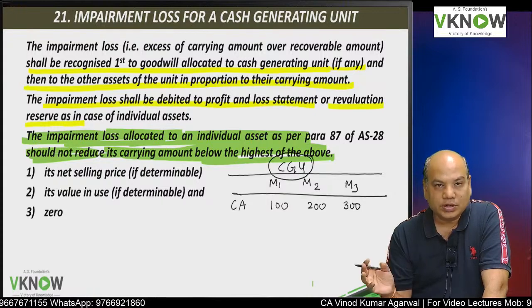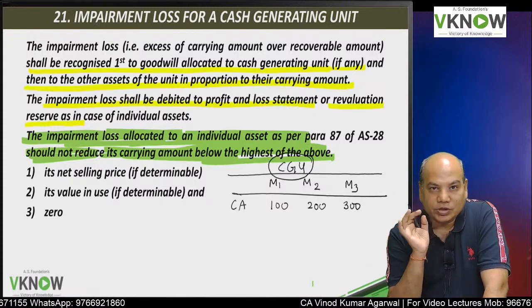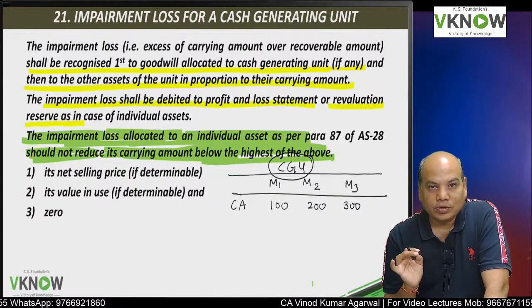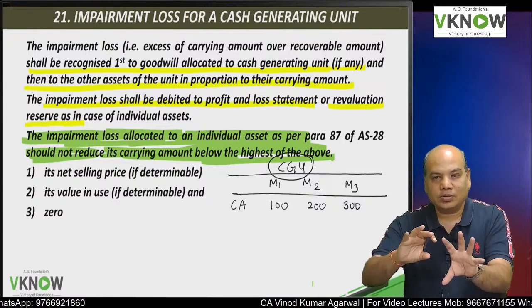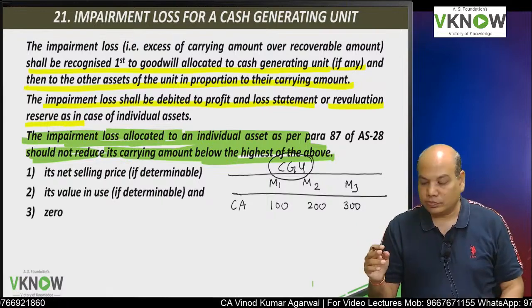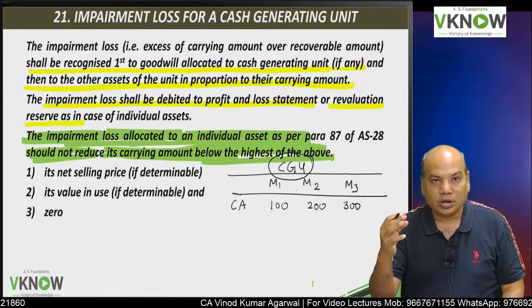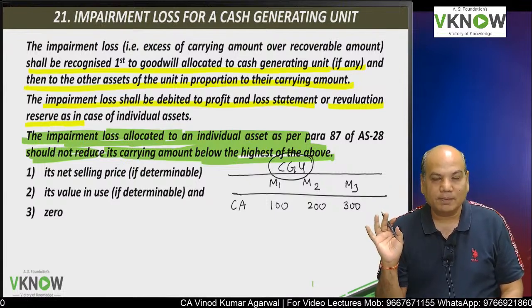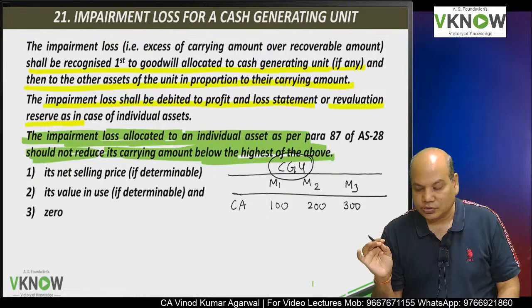The CGU was tested for impairment, and the impairment loss of the CGU was, suppose, 60.